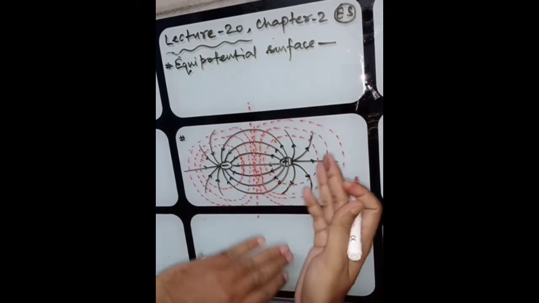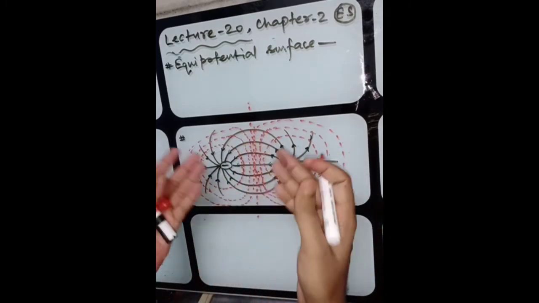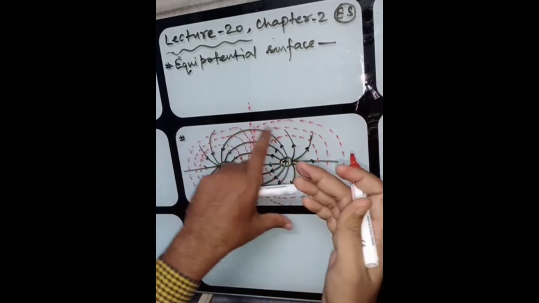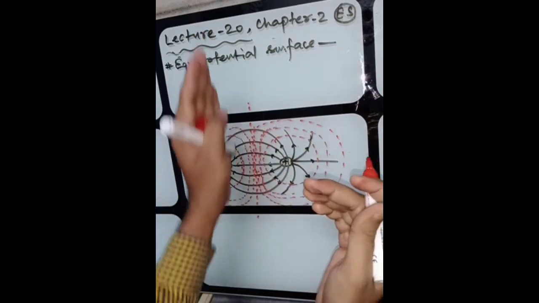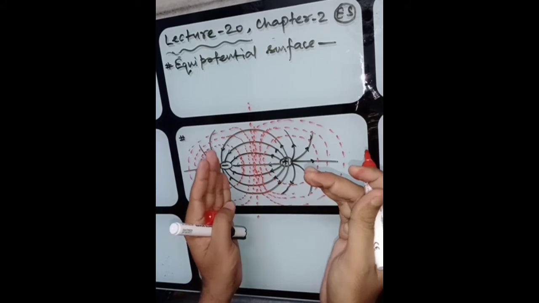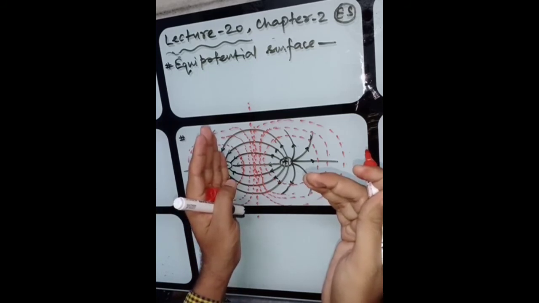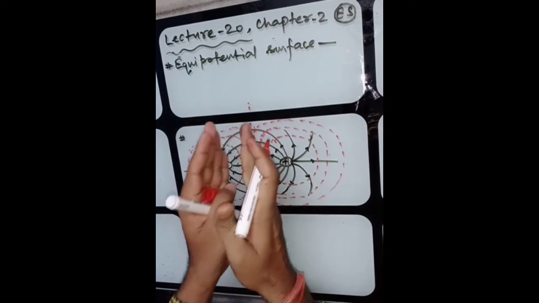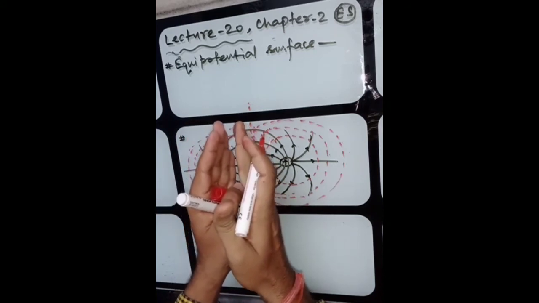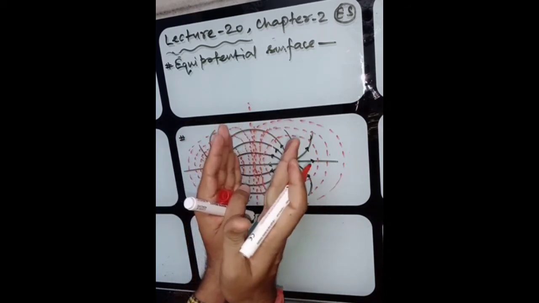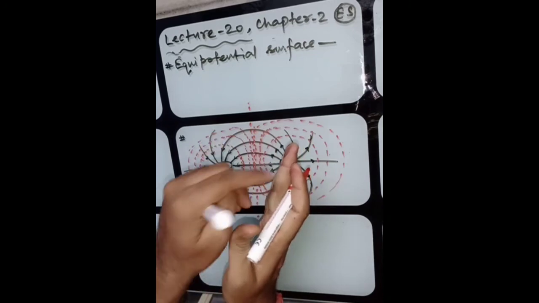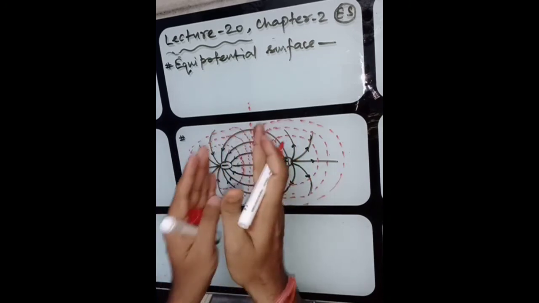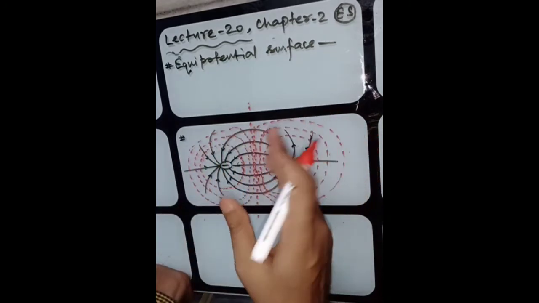Go back and try to remember as I draw the uniform field lines. If it is perpendicular to the electric field lines, it is not possible, because field lines which are parallel never intersect. To intersect, one should be slanted, and if it is slanted, then the potential at each point will not be the same. So two equipotential surfaces never intersect each other.